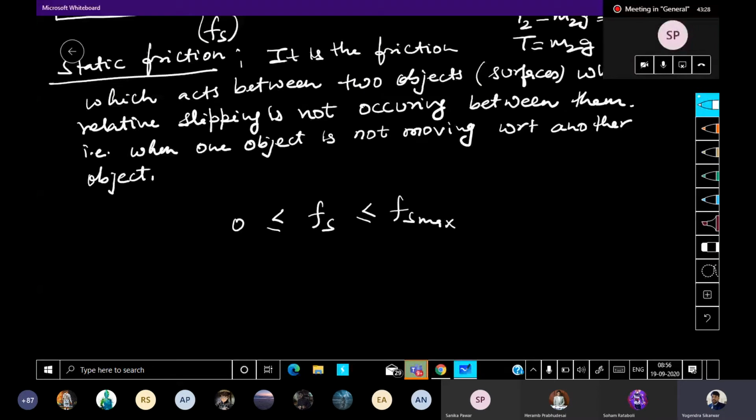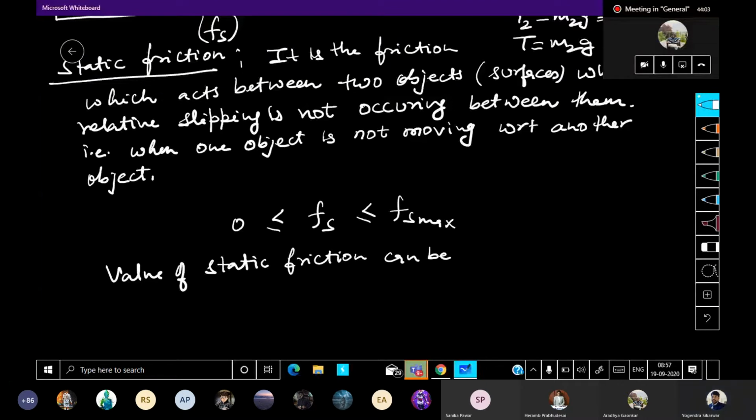So it is not fixed. Was it fixed in our example? No, sir. So it is not fixed. It changes as per the requirement. So the value of static friction can be anything between 0 to Fs max.